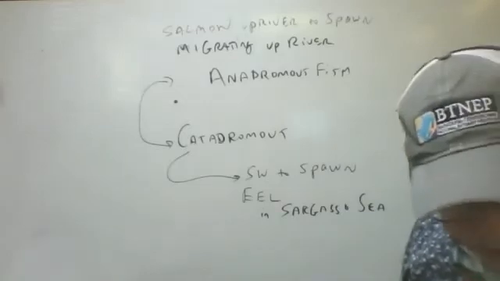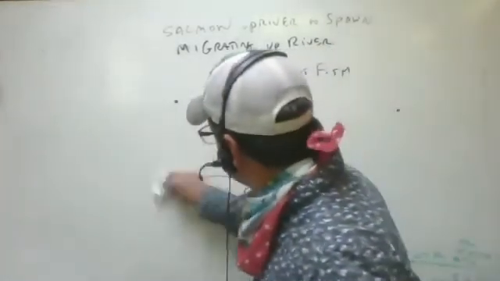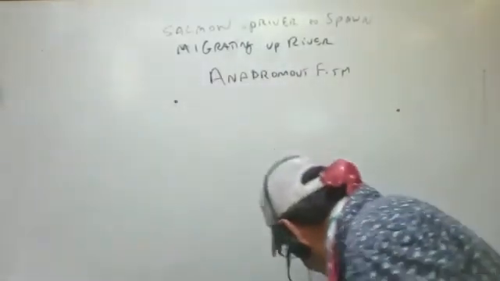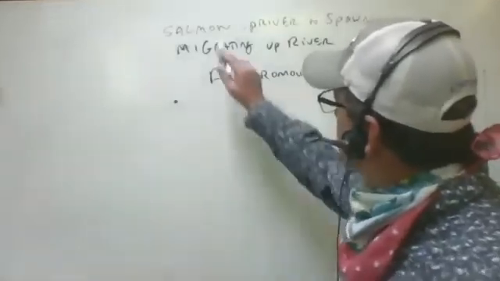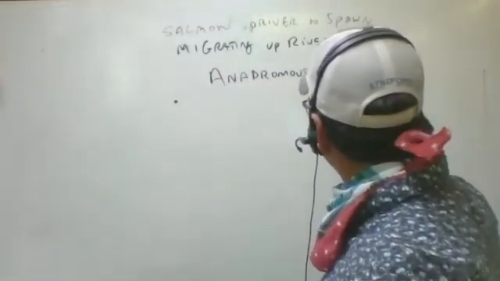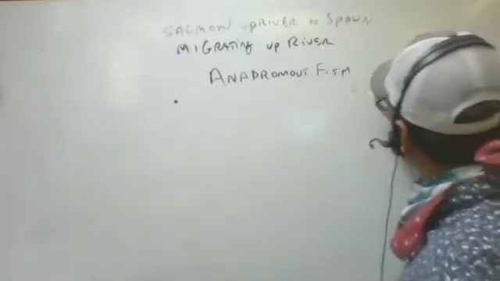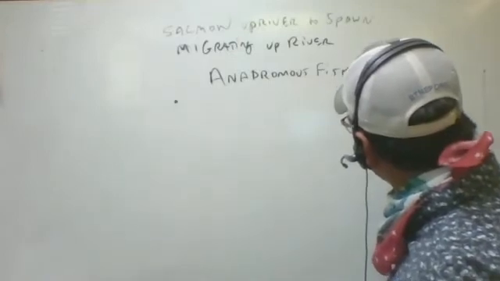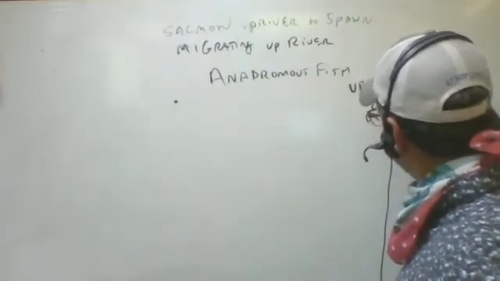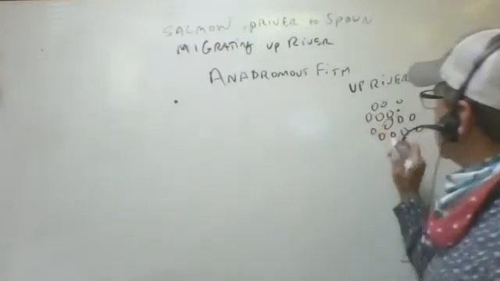So for our example, I would like y'all to know what an anadromous fish has to do. I kind of told you the story of what a salmon does. A salmon goes upriver. I'm going to put the upriver over here. He's upriver, and the salmon lay their eggs upriver and the salmon dies.